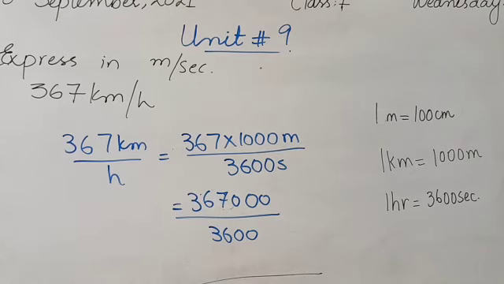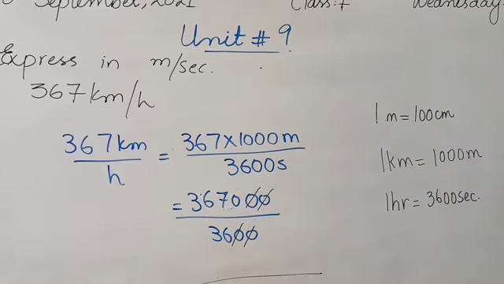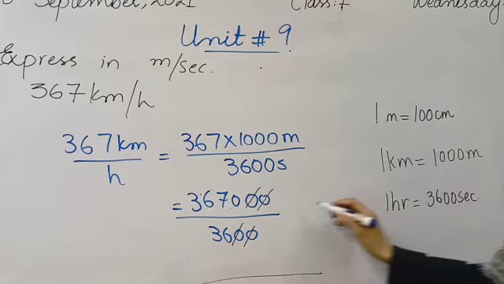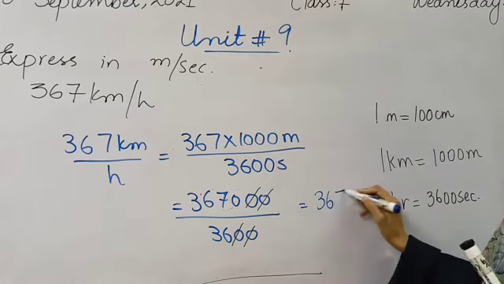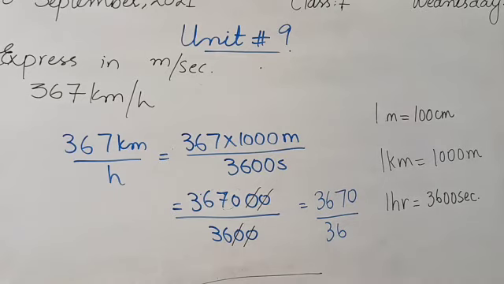Now cut the zeros with these two zeros. Now we have 3670 over 36. Okay?